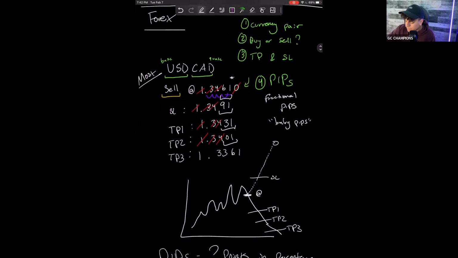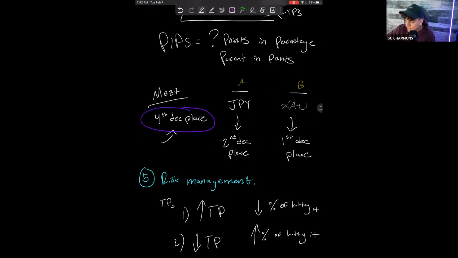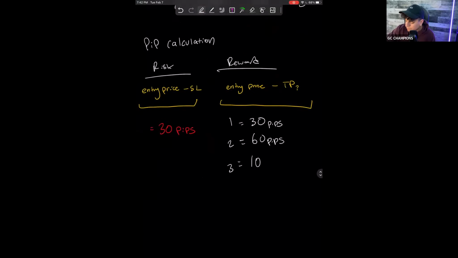Number 3 would be 1.3, and then the difference between 461 and 361. This is where we get a bit bigger. You're looking at a difference of 100.